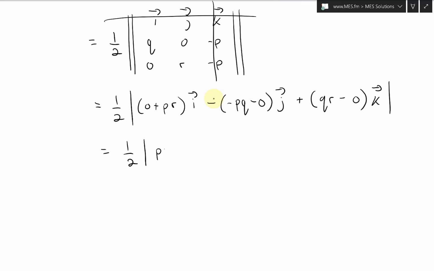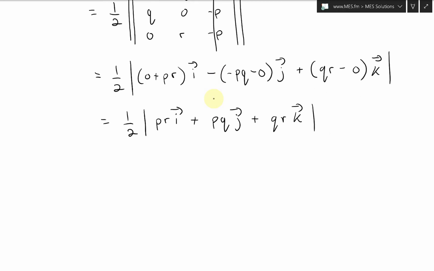So length, pr i, then minus cancels, becomes pq j, like that. And then plus qr k, like that. And then just for completeness, because the other ones we wrote in the component format as opposed to the standard basis one, even though this one's pretty straightforward, it's going to be pr, pq, and then qr.